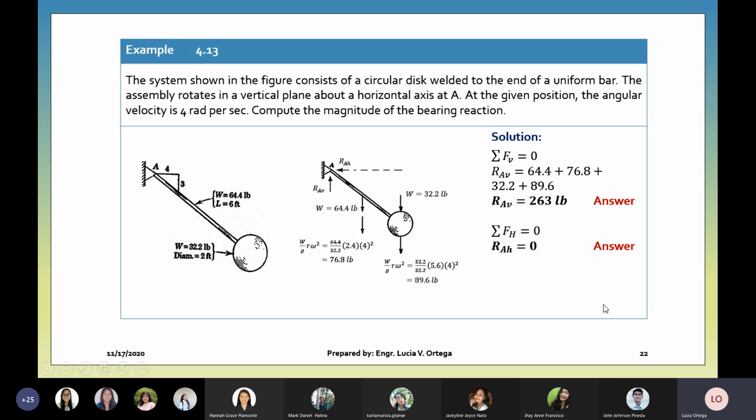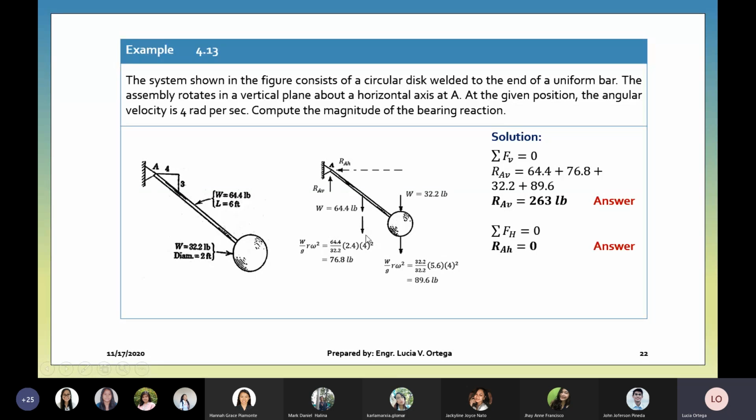So the important is, you know the rotation, you know the forces acting on it. If you know the rotation, from the given position you will know the direction of the inertia force. It is always acting away from the center of rotation. It is rotating about a horizontal axis, so in the vertical plane.